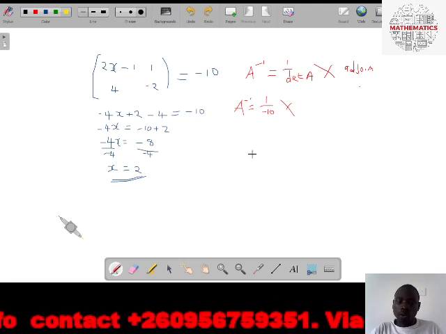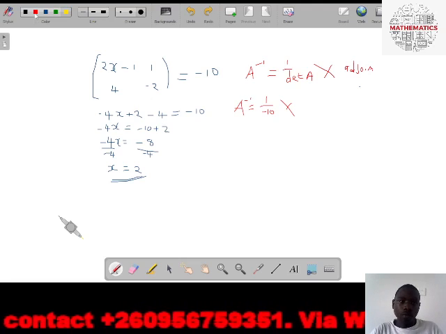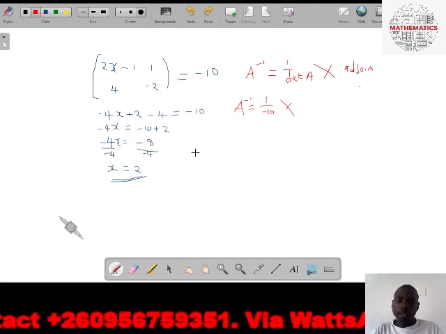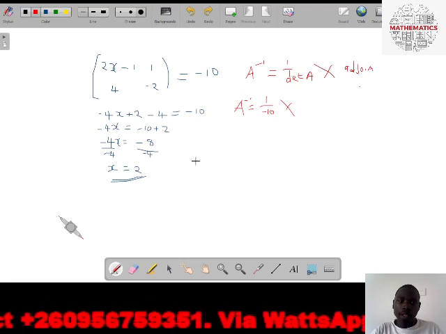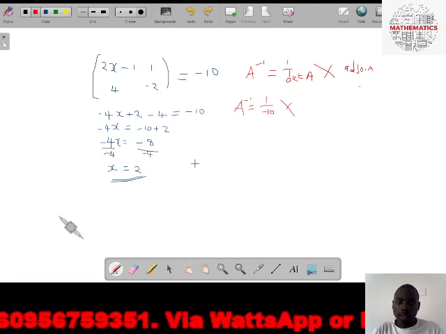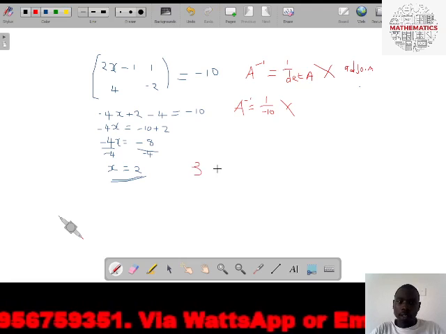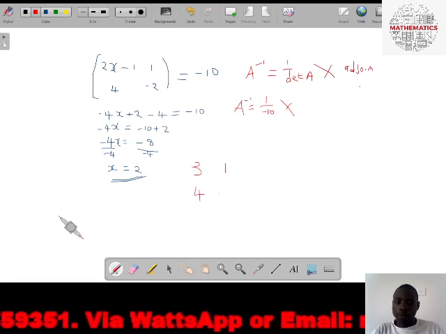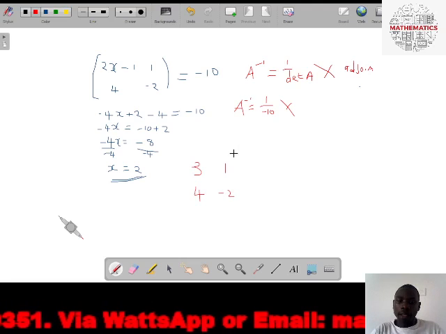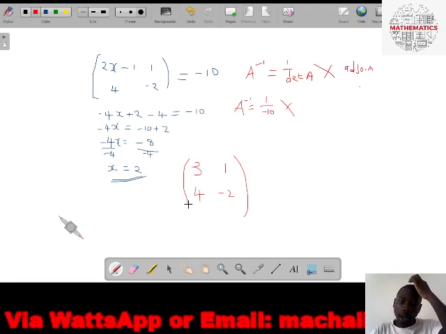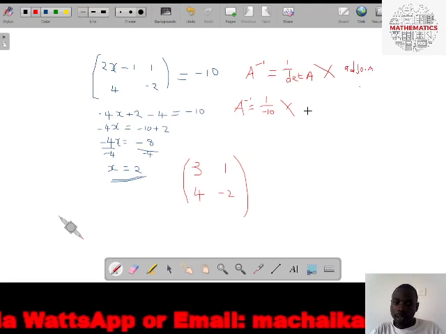So here what we are going to do, what is our matrix? Our new matrix becomes 2 times 2 is 4, minus 1 is 3. So our new matrix is 3, 1, 4, negative 2. So now let's find the adjoint of this one.